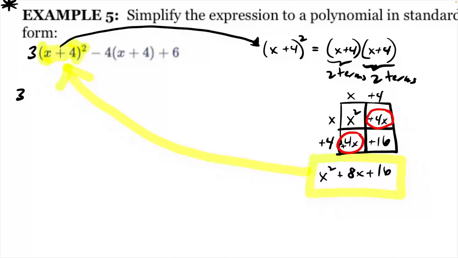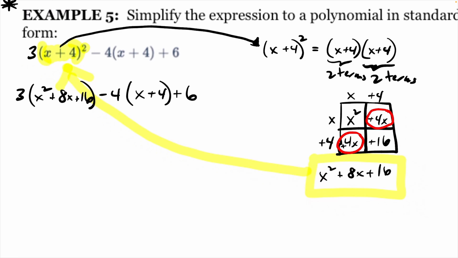The 3 in front, the parentheses, the -4, the parentheses, the +6, I'm going to rewrite. The only thing I'm going to change is what I highlighted, because what it is is x squared. I took care of exponents. So that's x squared plus 8x plus 16.